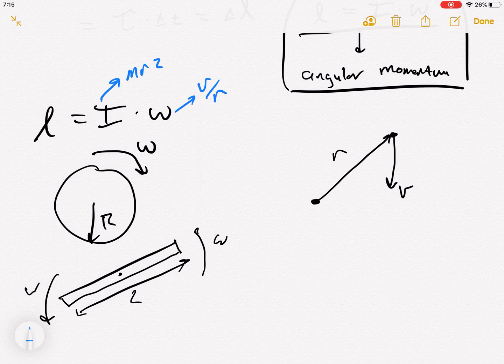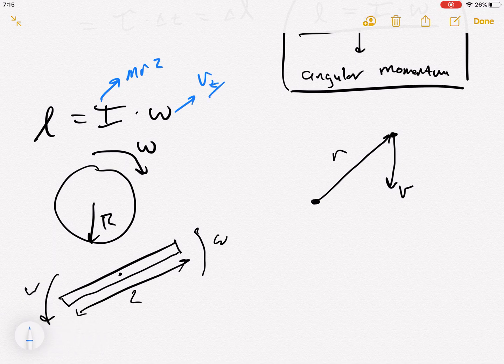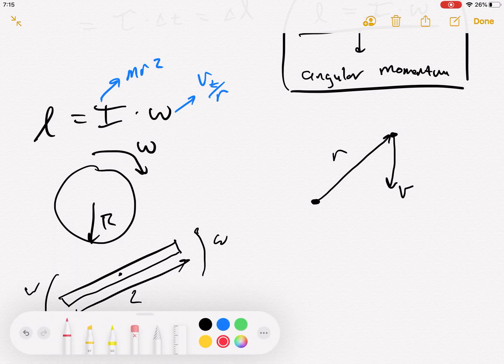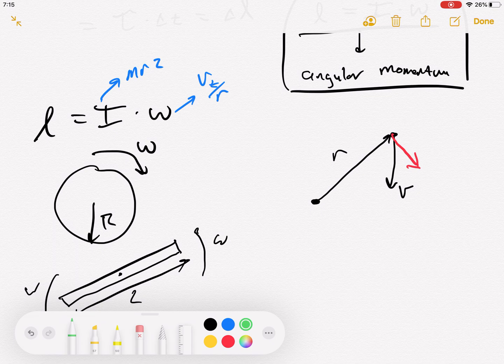But it's not all of the velocity. Remember, omega relates to tangential velocity. So I need to say that's v tangential over r. Let's make it a lowercase r. So v tangential is just the part that's tangent to the circle defined by the radius.